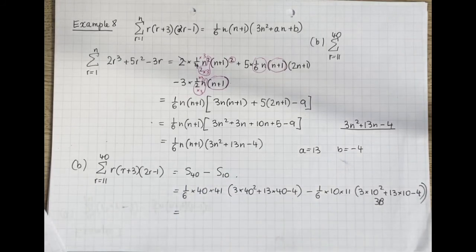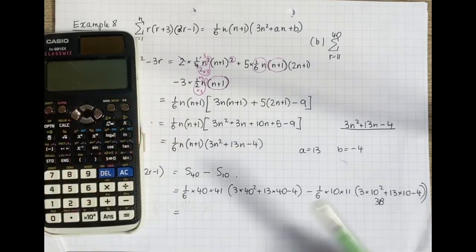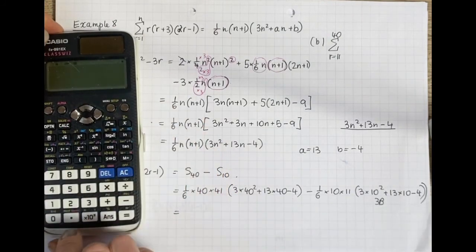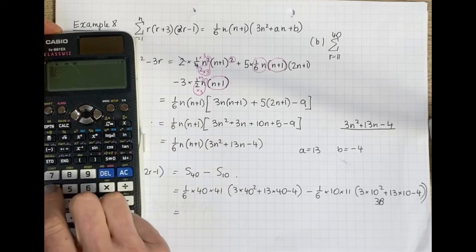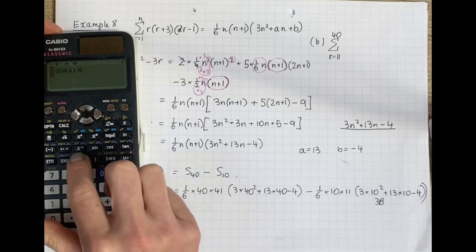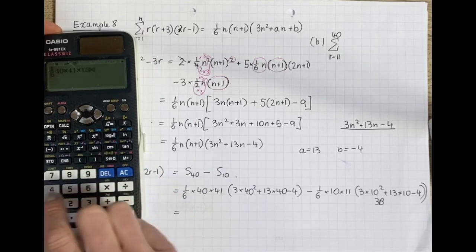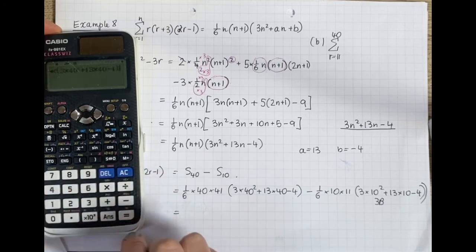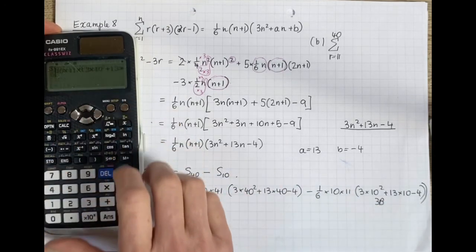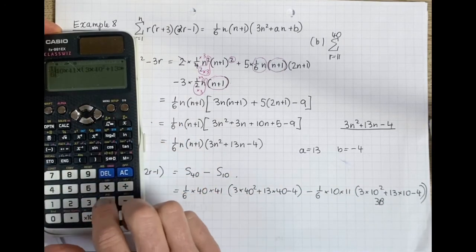Use your calculator to find the answer. So it's going to be 1/6, 40 times 41 times 3 times 40 squared plus 13 times 40 minus 4. Oh, made a mistake here. Times here.